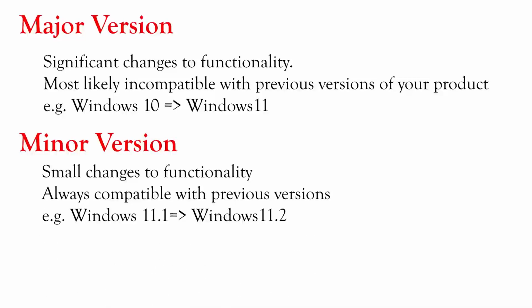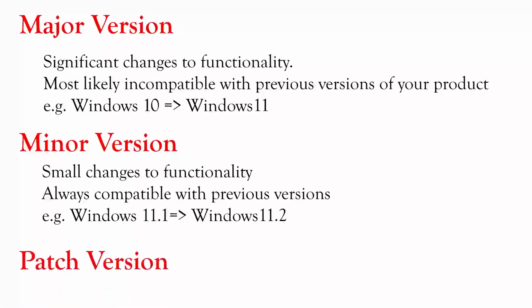Well, minor versions represent small increments or small changes to functionality. One of the key aspects of minor versions is that they are always compatible with previous versions, which means you could have Windows 11.1 and 11.2, and when you're updating from 11.1 to 11.2, you expect a few new functionalities or features, but you don't expect anything to break at all.